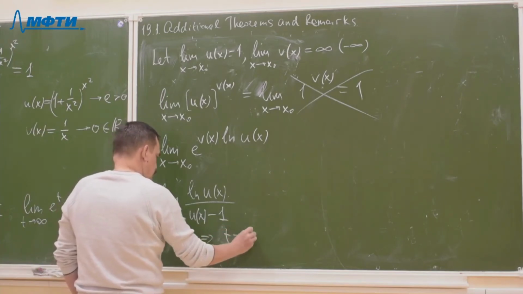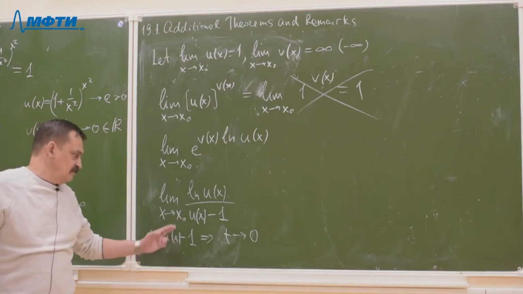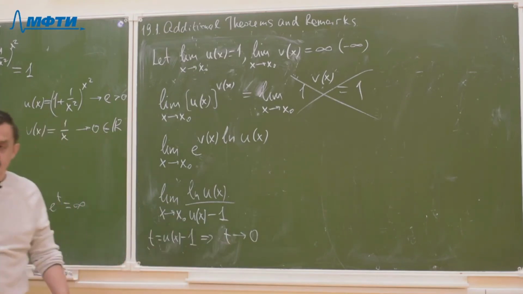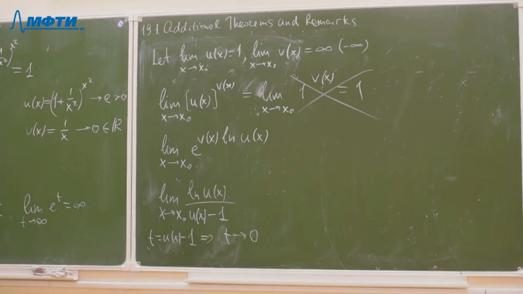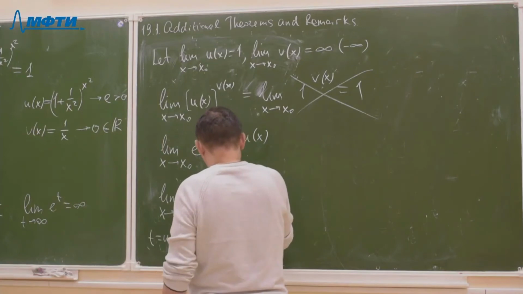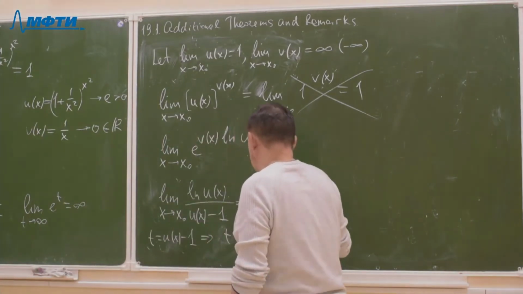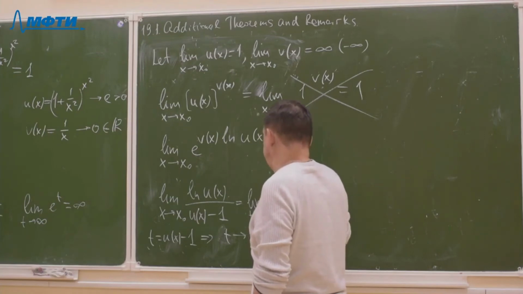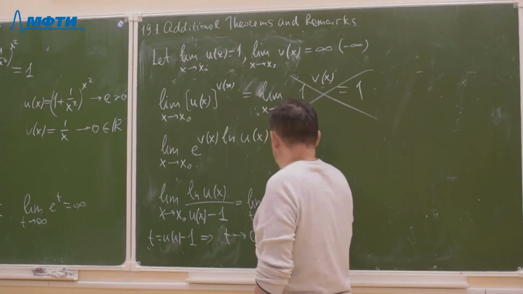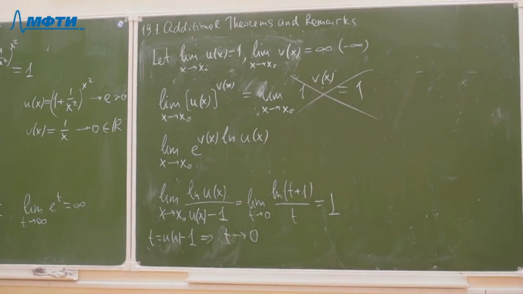If x tends to x naught, then t tends to 0. Then how can we rewrite it? As the limit as t tends to 0 of logarithm t plus 1 over t, and that is 1 by a form of the second remarkable limit.